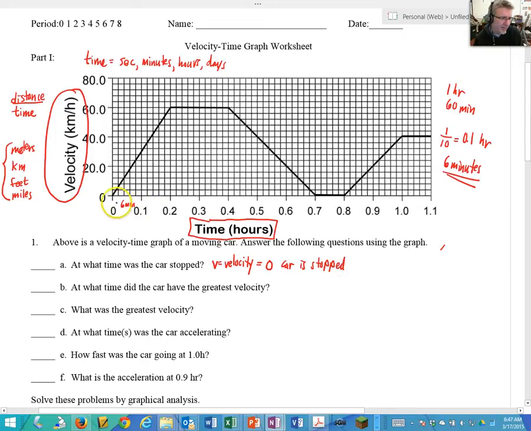And so we're looking for, if this is distance right here, if this is velocity right here, then we look across the graph, we see that all these other ones are at velocity at a different time, except for right here, it looks like the car was actually stopped. So you could say right here, the car was stopped from 0.7 hours to 0.8 hours.